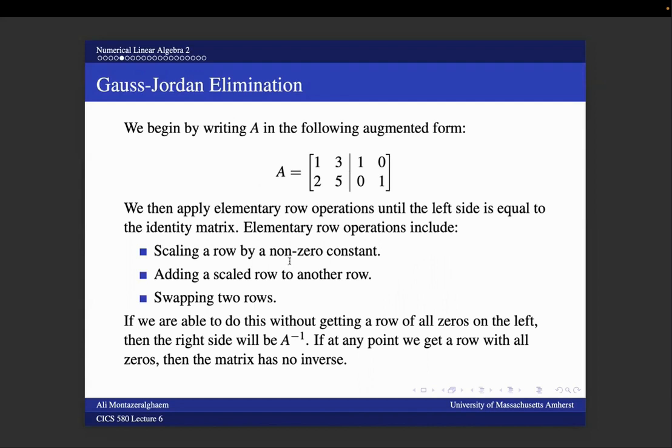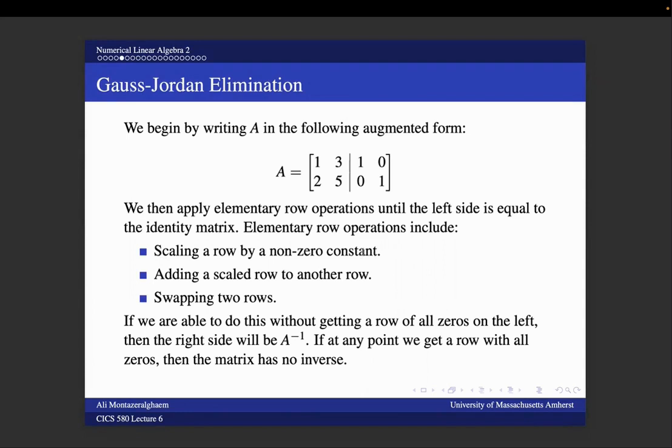The operations that we need to do on each row can be from these three options that we have here. For example, we can scale a row by a non-zero constant.